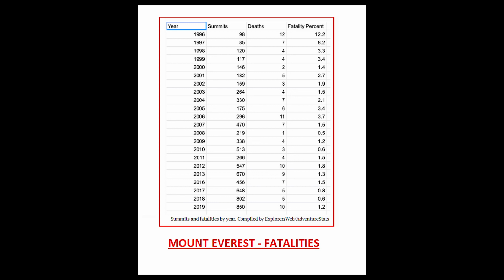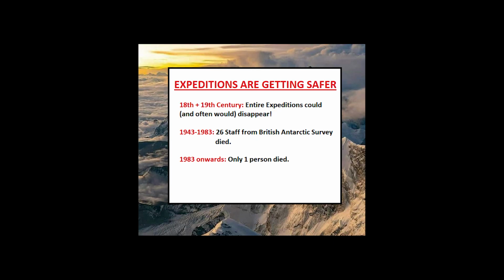The overall numbers may increase because more people are attempting the summit, and we also have to take into account that more and more older people are attempting summits. But in spite of that, the overall safety is improving, as you can see by these statistics.